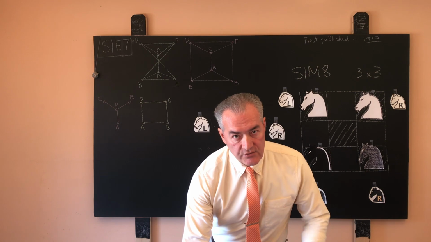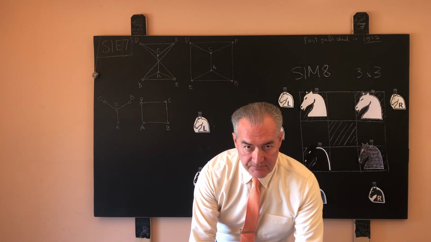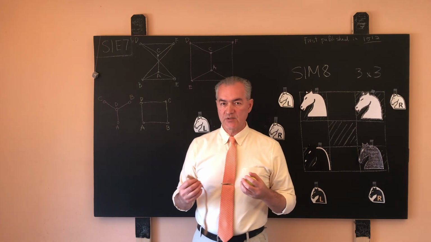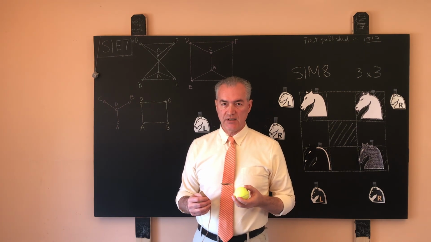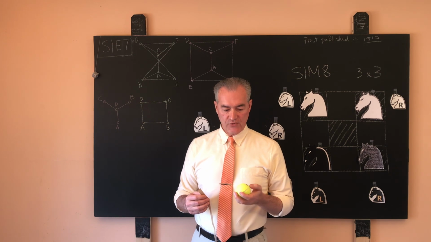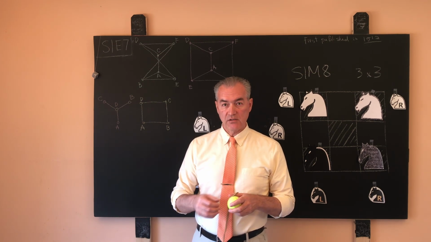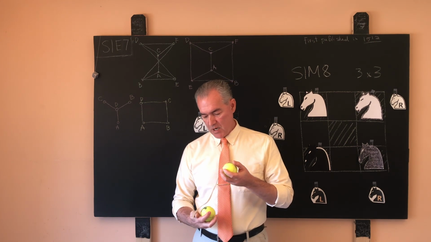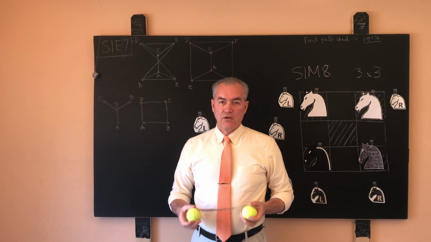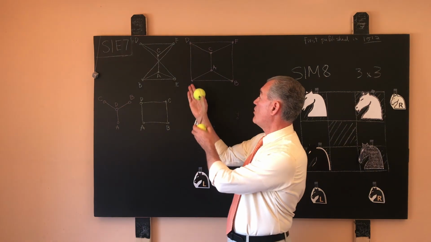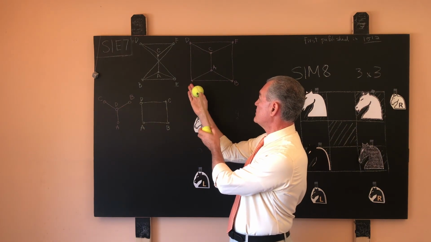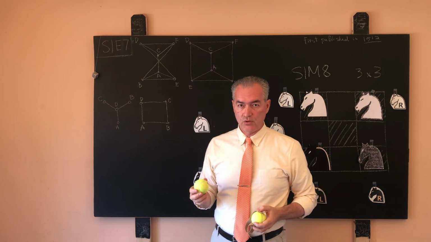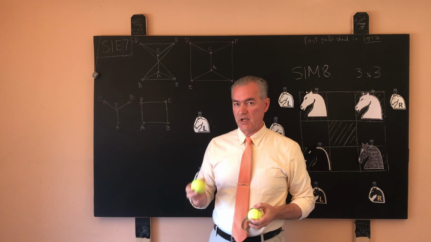Luckily enough, in the theory of graphs, there exists a quite nice model that explains or showcases the idea of graph isomorphism, and that model is known as balls and strings. In that model, the vertices of a graph, like these ones, for example, E and B, are modeled with a billiard ball or a tennis ball or a golf ball.